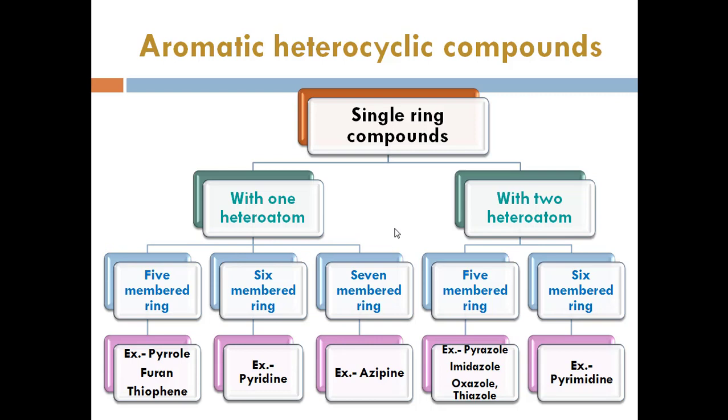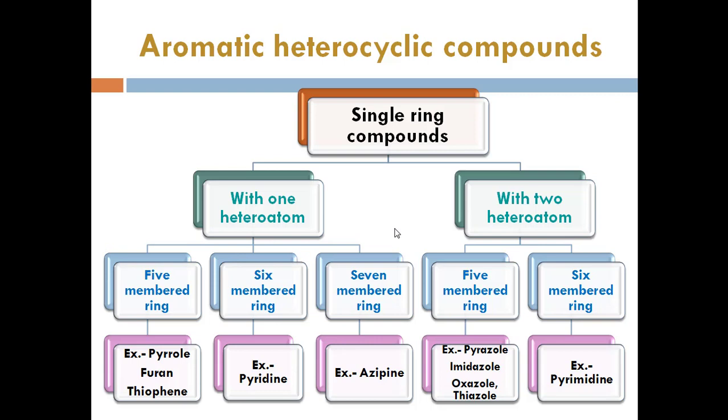If we see the first, compounds containing one heteroatom, they are again classified into three classes. This classification is only according to your syllabus. It may also be a 3-membered ring or 4-membered ring, but here I take only 5-membered, 6-membered and 7-membered rings as per your syllabus, right?